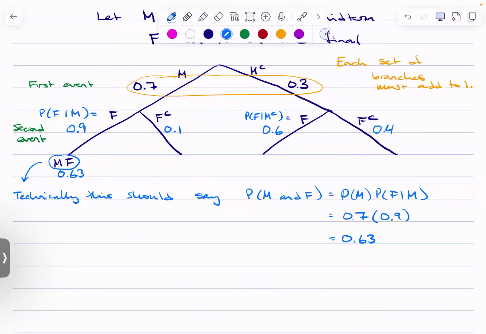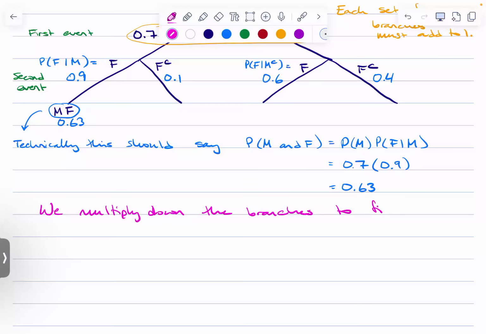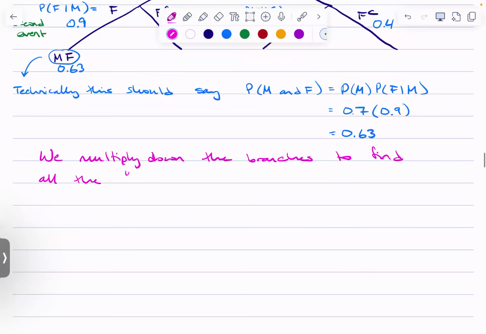So what we do to find the probabilities at the end of each of the branches, which are all the unique combinations that we could have, we multiply down the branches to find all the probabilities of the unique combinations.